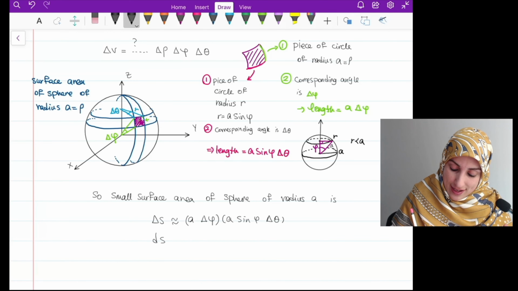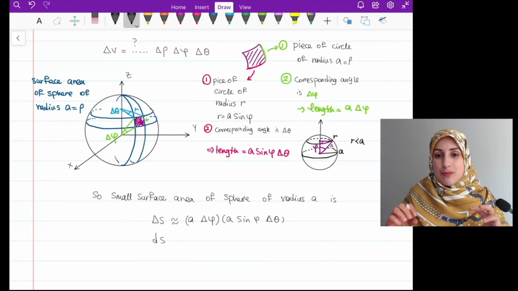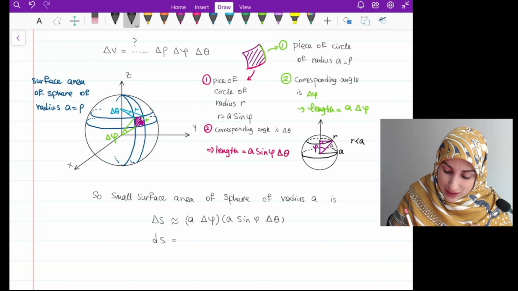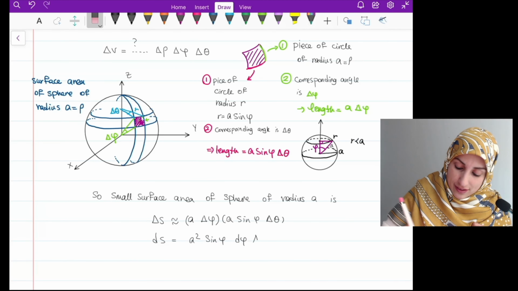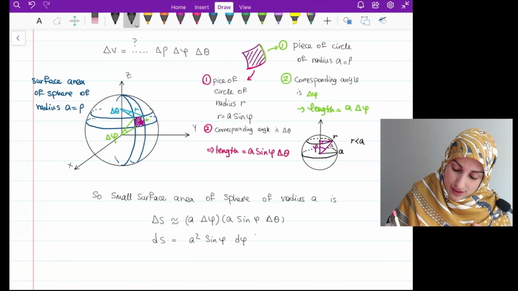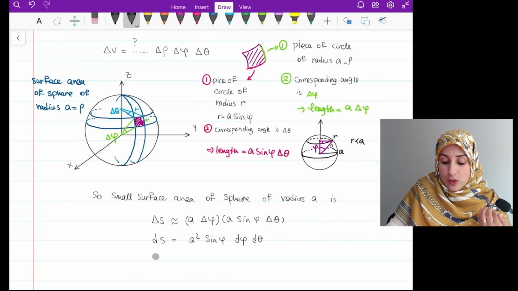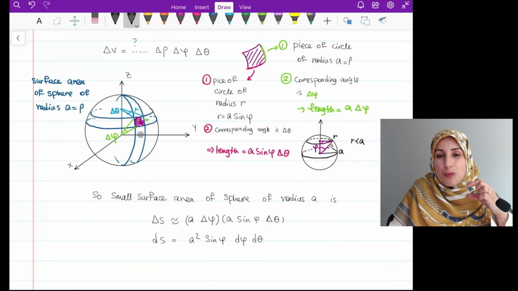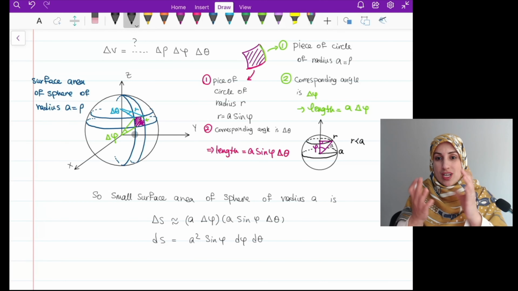So dS, if I make it very small by taking the limit, this one would be A squared sine phi d theta. Okay, very good.